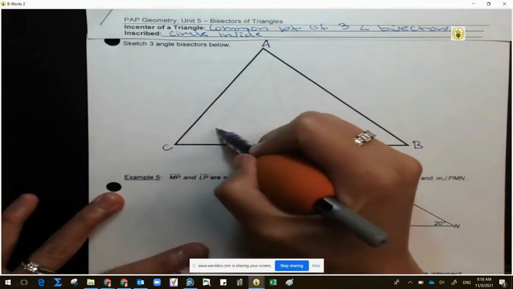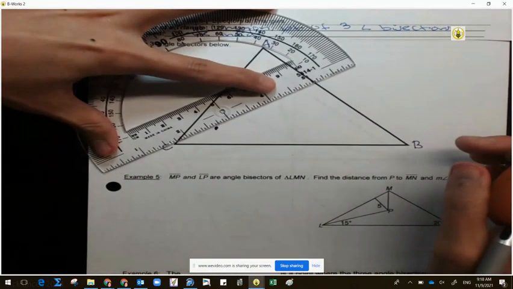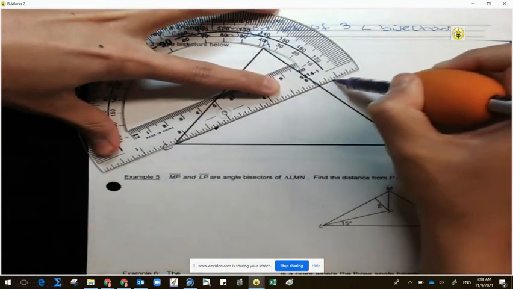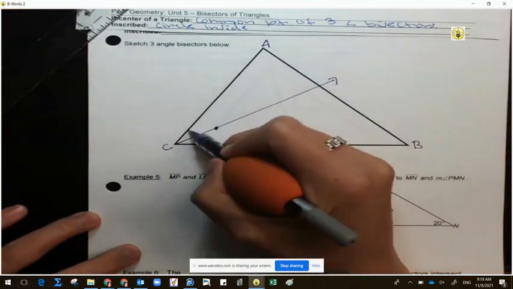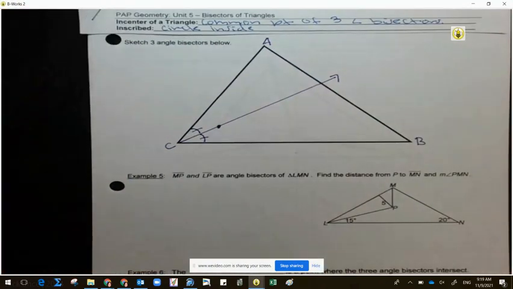So I'm going to go to angle C and say maybe over here might make this angle bisector. Maybe that's not perfect, and it's okay. And let's notate that these two angles are congruent too. Does it matter if you bisect A or B?